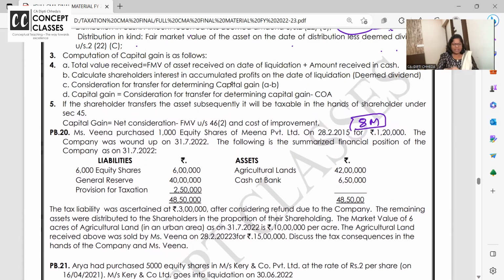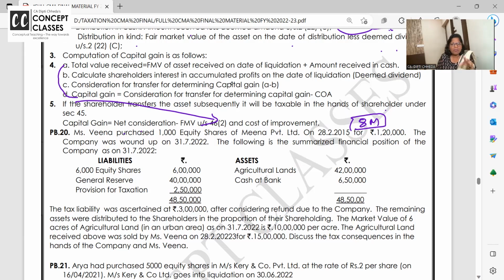And if the shareholder later transfers that asset received from the company, what will it become for the shareholder? Cost. Whatever fair market value of the asset received as sale consideration of the shares from the company to the shareholder will become the cost when the shareholder sells it. We gave the shareholder agricultural land; who are we? The company.